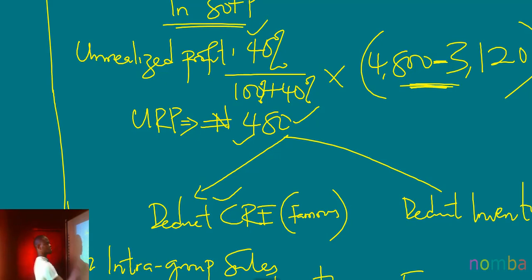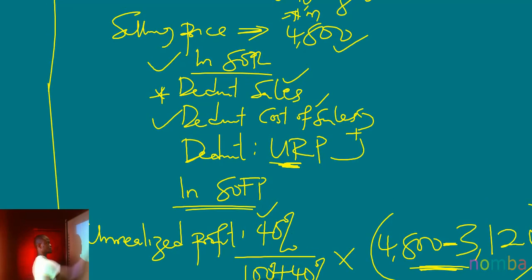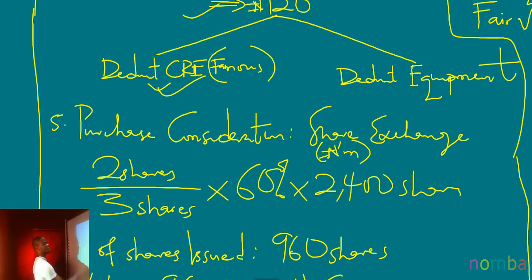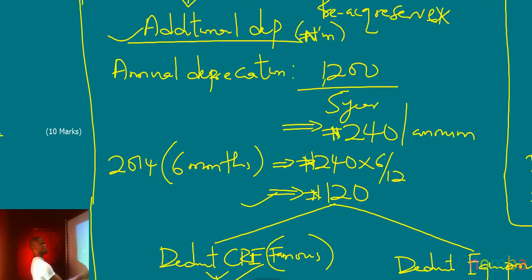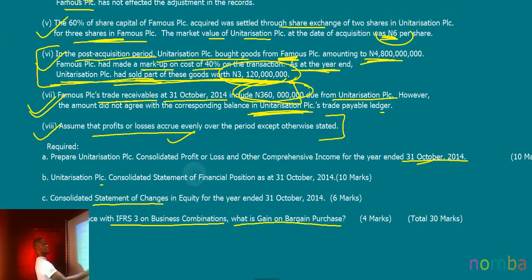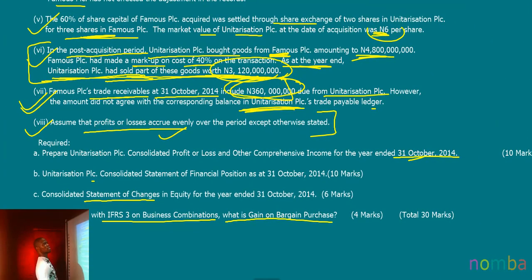However, the additional depreciation, if the question had told us that we should add it to the cost of sales, then we would have added it to the cost of sales. They would give you that information in the additional notes, in the workings. That will be workings 6, I guess.